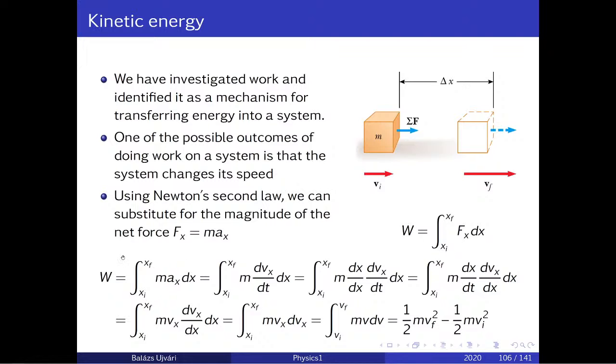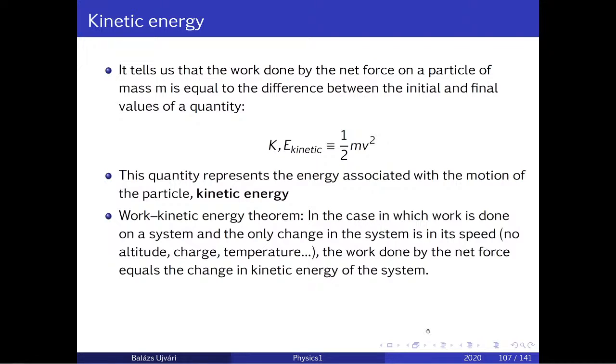Just some play with the math. The work can be expressed as the path integral of the force, but instead of force, we can write F_x equals m times a_x, and if we play with the math, you don't have to understand all of the steps. By the end, we get that work is something that changes this formula, and this formula we all know is the kinetic energy.